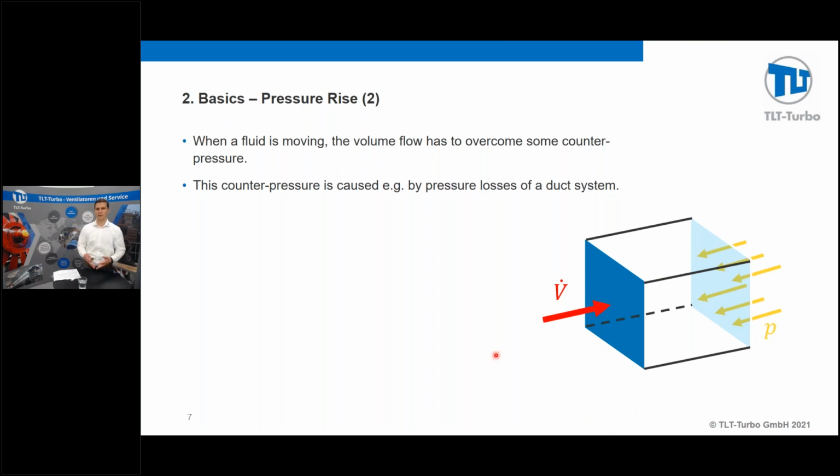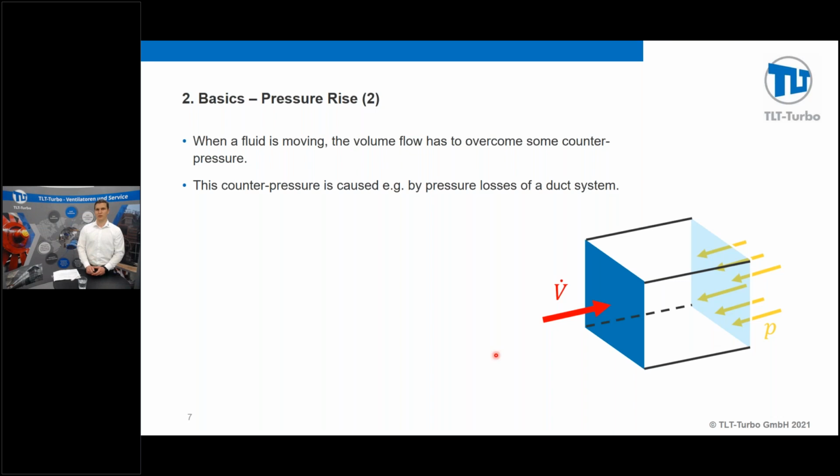There is friction everywhere, there are losses everywhere, nothing is without friction, and therefore these pressure losses of the duct system result in the total pressure loss, and therefore define the pressure rise the fan needs to overcome in order to convey this volume flow rate in the ducting part.